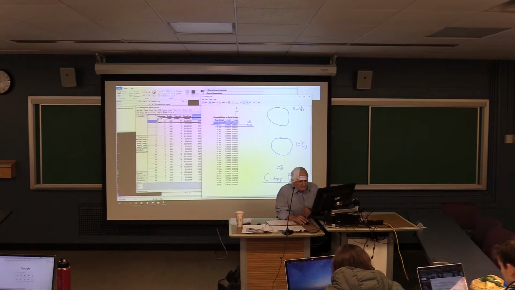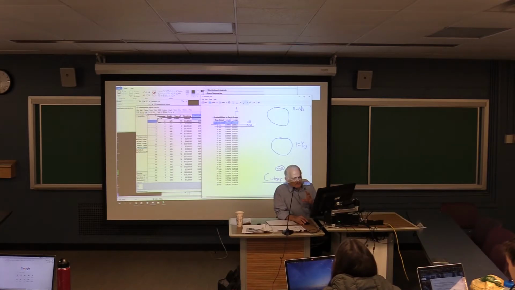It's cumbersome to look around and find out how to change this. They do say change it, but this is a feature that has not been programmed into the version. So what you do is you take this probability and you compare it with the cutoff point.